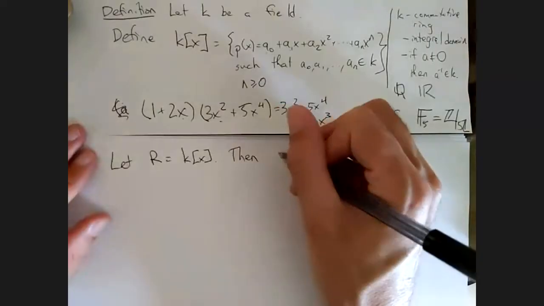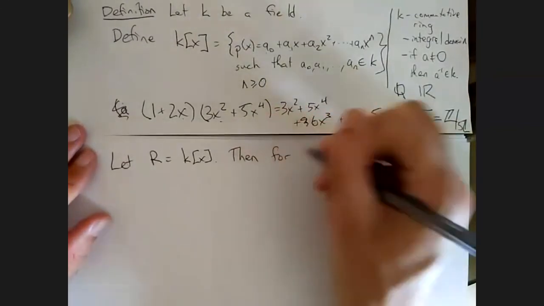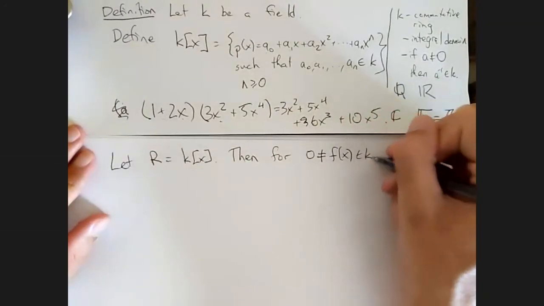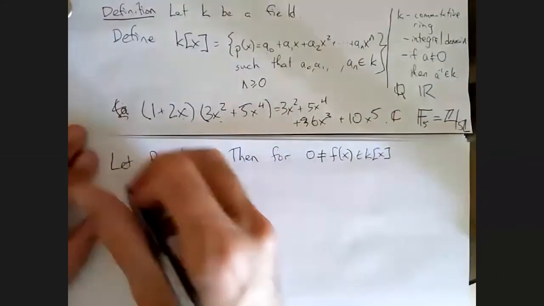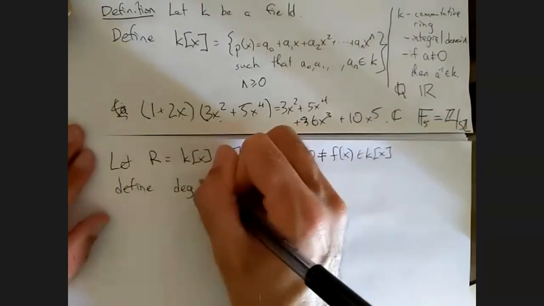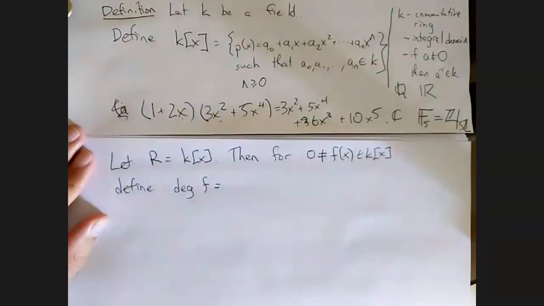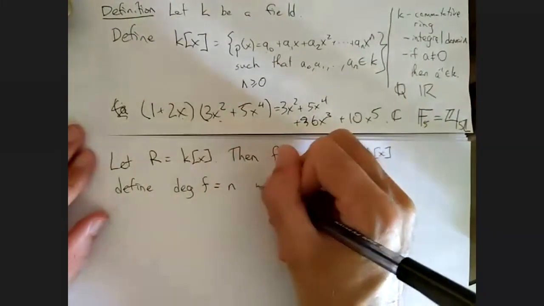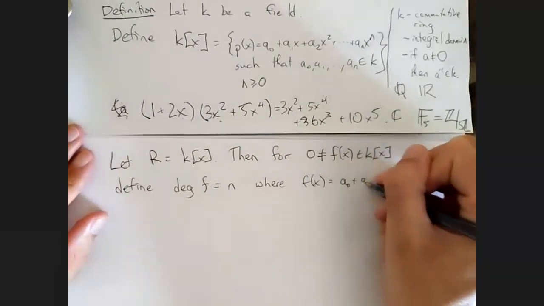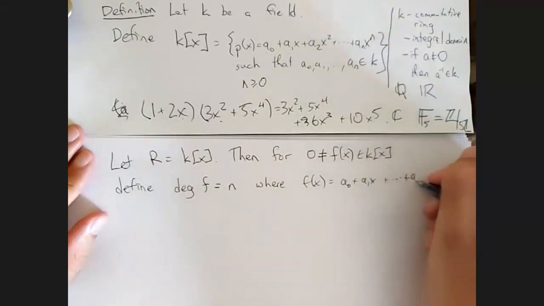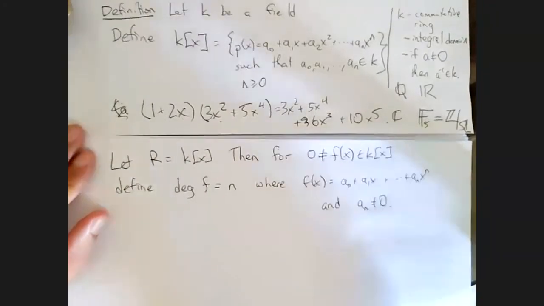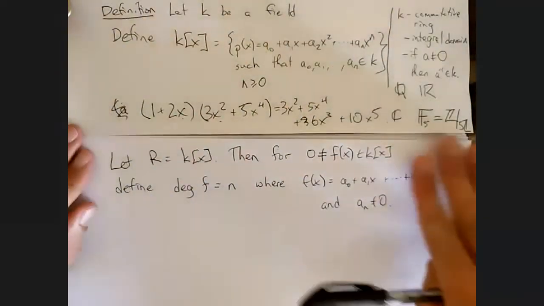Okay, so for 0 not equal to f(x), define the degree of f to be n, where f(x) is a0 plus a1x all the way up to an x to the n, and an is not 0. So we have this notion of degree.